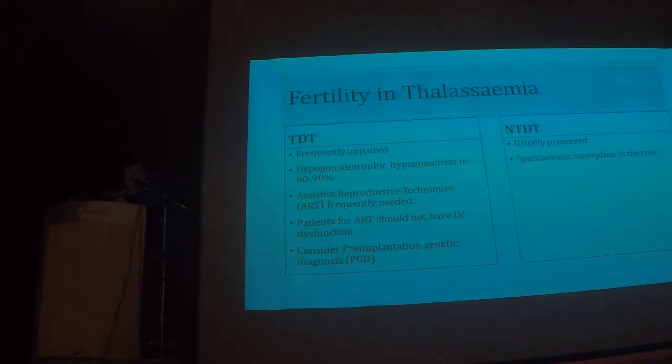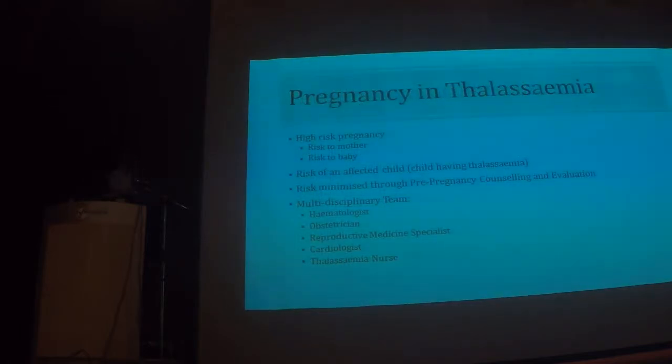So your typical scenario will be, say, a 24-year-old gravida 1 para 0 coming at booking at, say, 22 weeks, first time, found to have anemia, and subsequent workup revealed that the patient is actually either a milder hemoglobin E beta thalassemia or milder thalassemia intermedia.